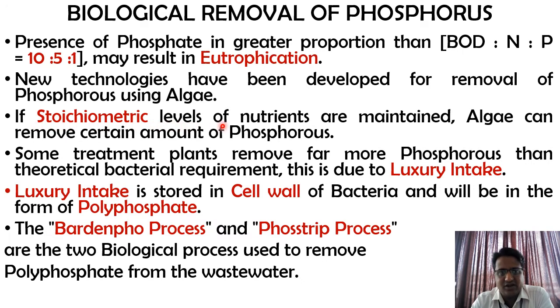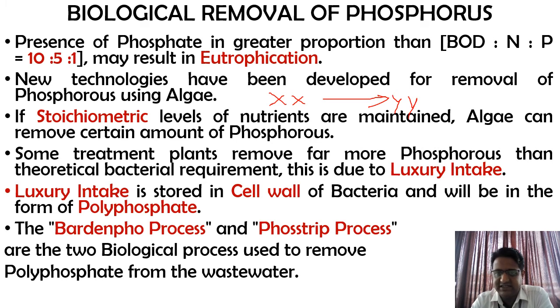If stoichiometric levels of nutrients are maintained, algae can remove a certain amount of phosphorus. What we mean by stoichiometric is, whatever reaction or consumption or degradation is going to be there, I'll just try to show it here. Here we have some X parameter, which will react to form your Y parameter.